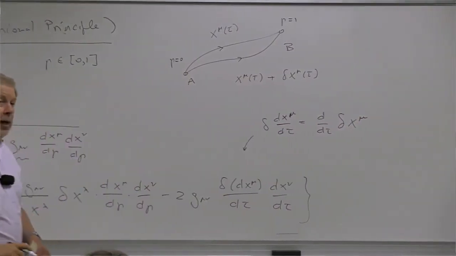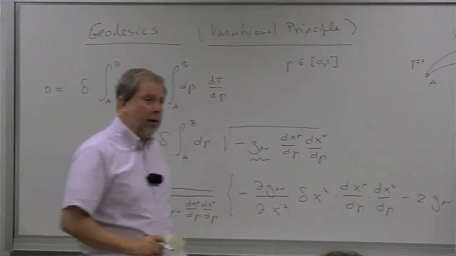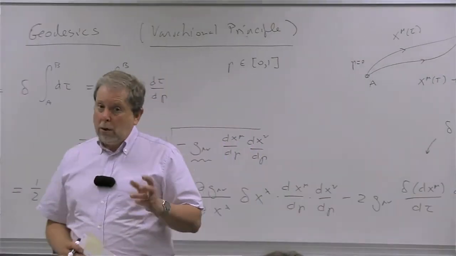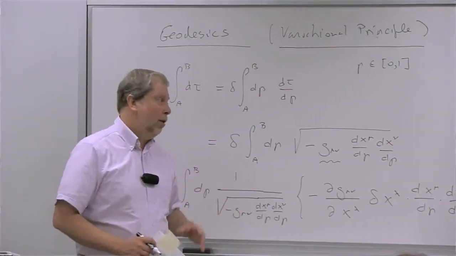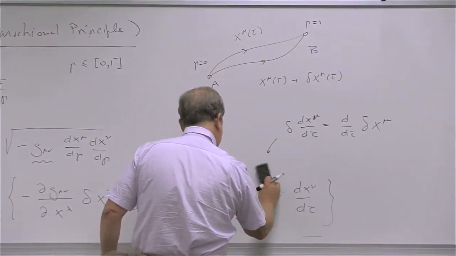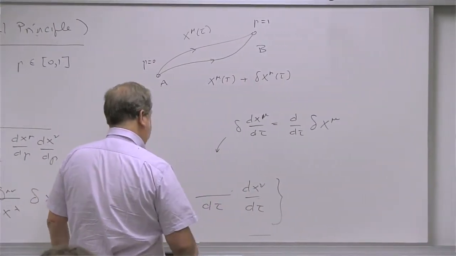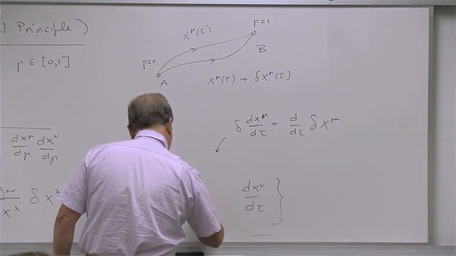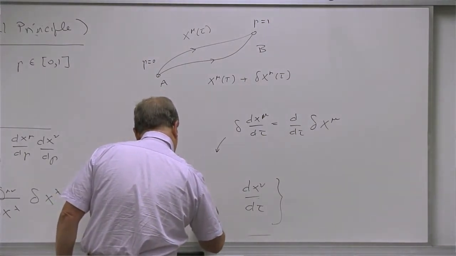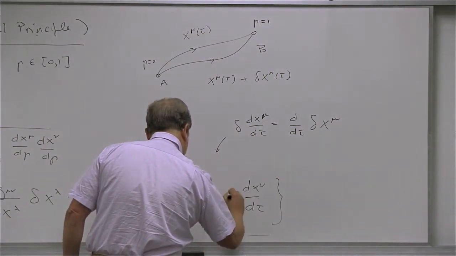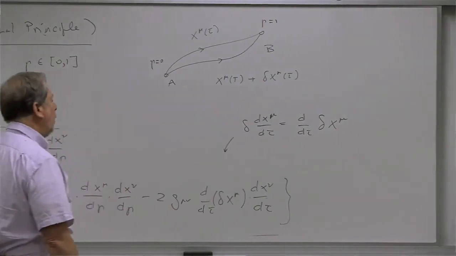The reason for that is the derivative is a linear operator, so the variation and the derivative with respect to tau commute. You can do them in any order. So that means that we are going to have d by d tau of the variation of dx mu in here, and then times that.